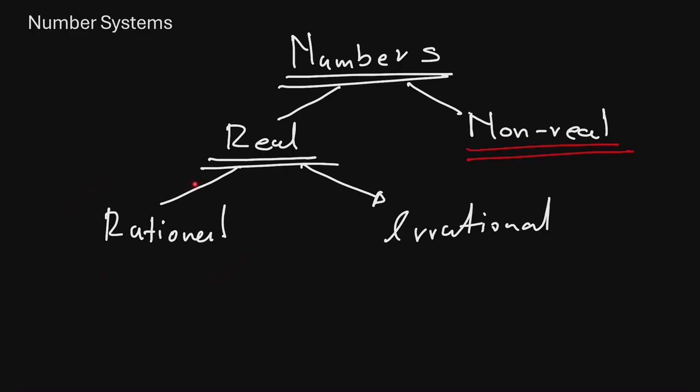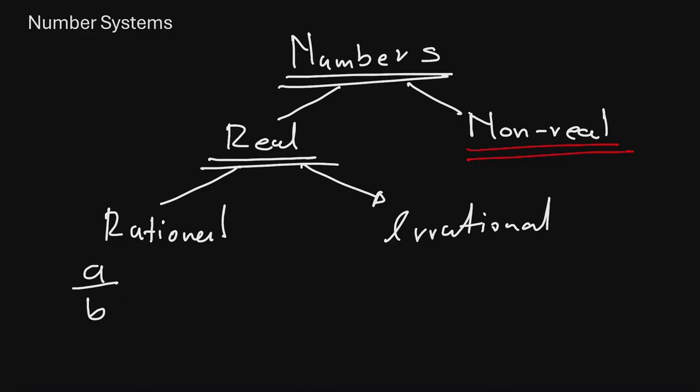Rational numbers are numbers that can be written as a ratio. A ratio is the same thing as a fraction. So if you have any number that can be written in the form of something over something, we call this a ratio, or we call it a fraction. So any number that can be written as a fraction will be a rational number.